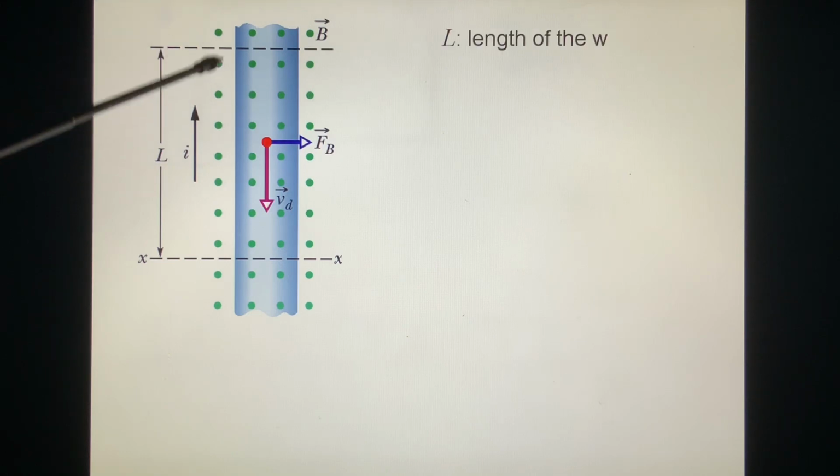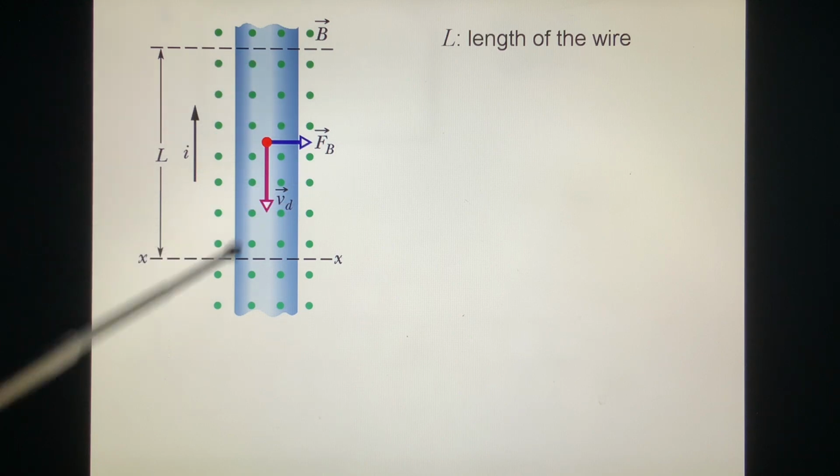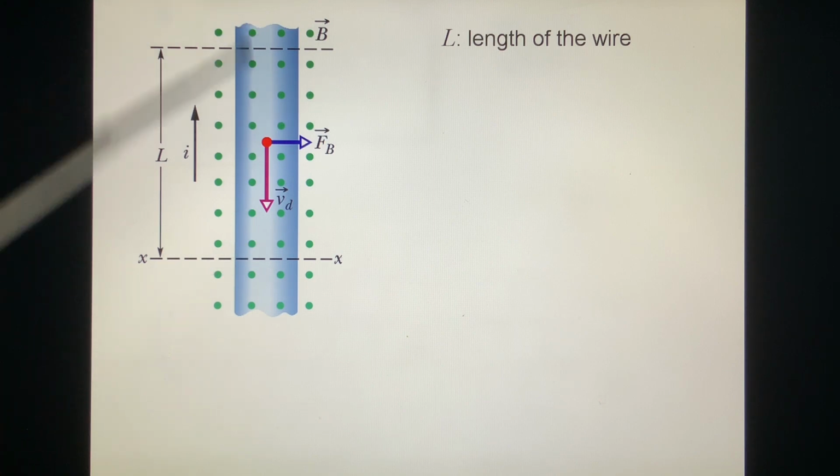Now let's calculate the magnetic force acting on the section L of this current carrying wire. Of course, this is the sum of the forces acting on the charge carriers in this section. Then we count how many charge carriers are in this section.